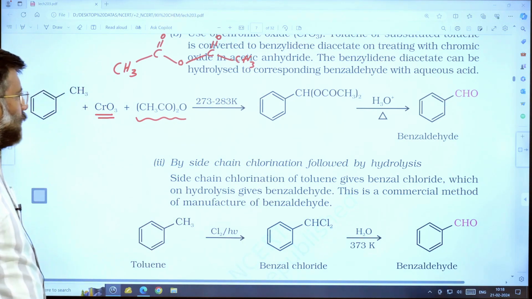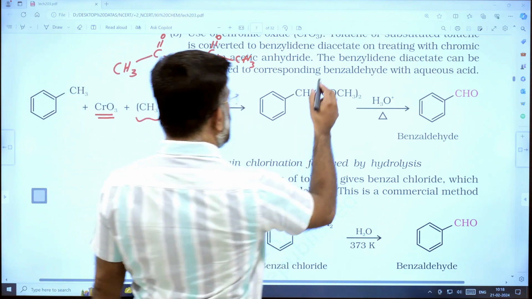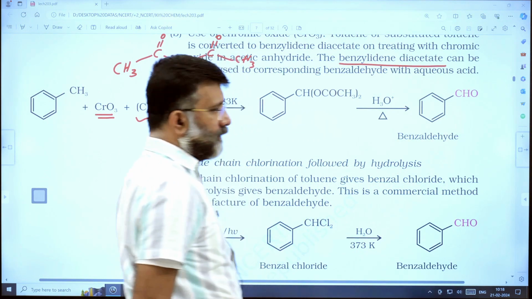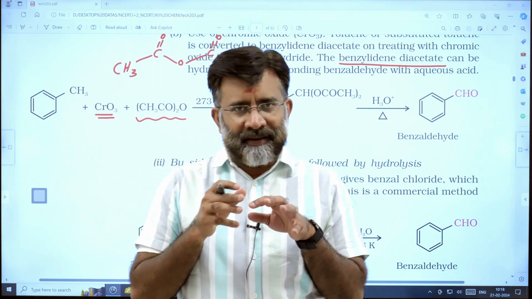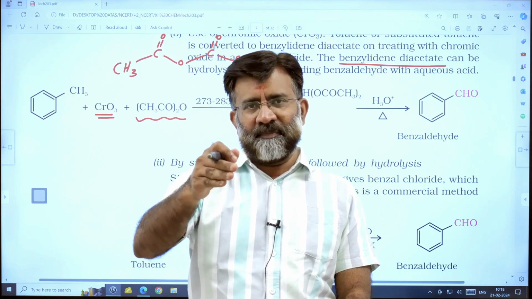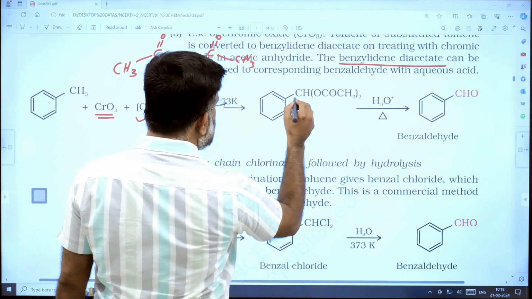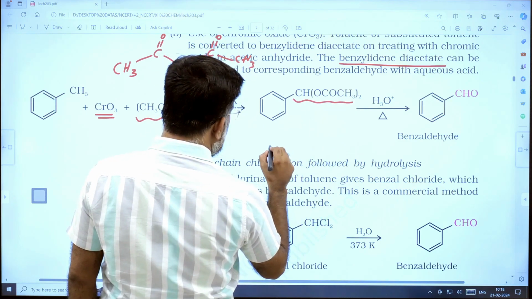CH3COOCOCH3, acetic anhydride, interacting over this region. What you get is a benzylidene diacetate. You know what is meant by the suffix idene? Benzylidene means gem diacetate. You get a gem diacetate. Please see what is the character of that system.